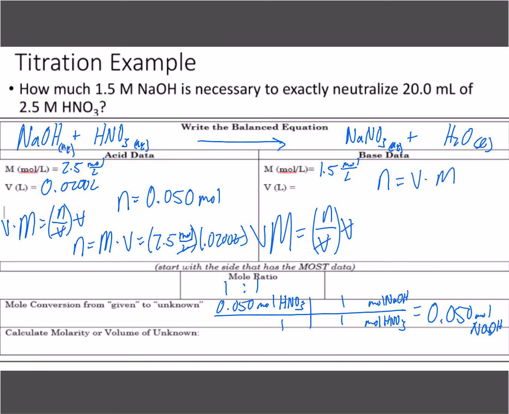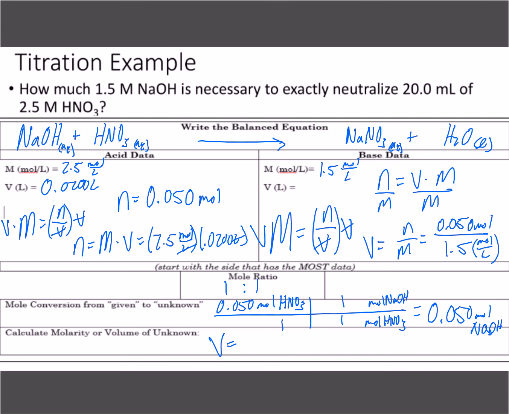That doesn't do anything for us. We want volume by itself. So now we're going to divide by molarity. So V equals n over molarity. Now we can plug it in. 0.050 moles over a molarity of 1.5. We will be left with liters in the end, because this is moles over moles per liter. So liters comes up on the top. What is our final volume?